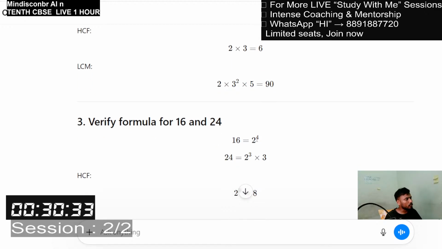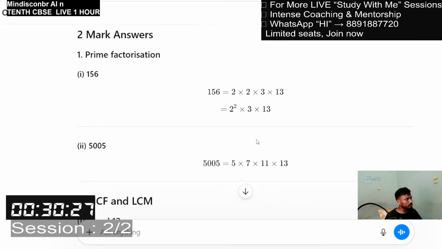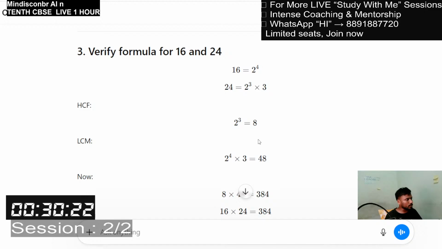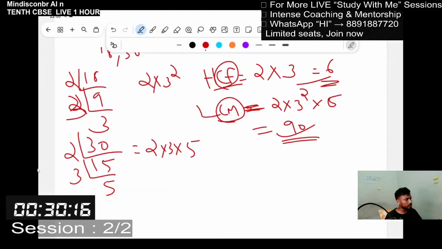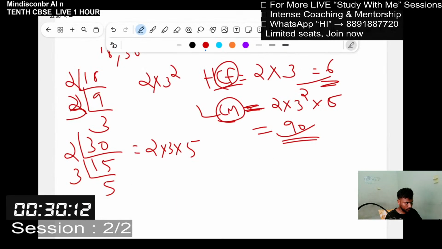Verify the formula for 16 and 24. We have to verify the formula of multiplication for 16 and 24.